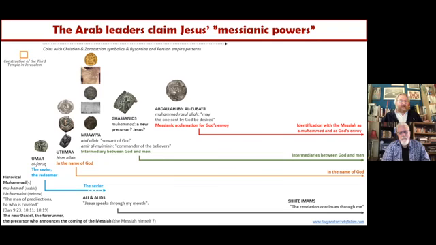And here, when we look at the layers of claims to power in the name of God, intermediary between God and man, identification with the Messiah as a Muhammad and as God's envoy, God's apostle, it kind of looks like Islam.